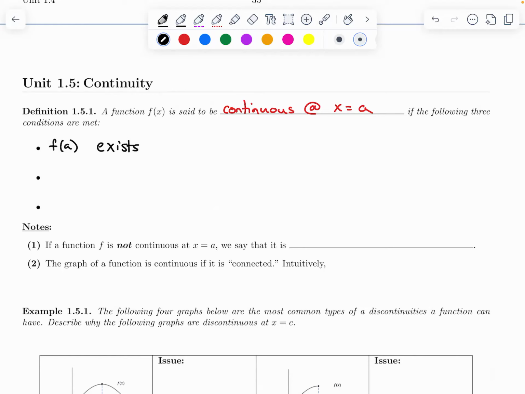The second point is that the limit as x approaches a of f of x also exists. But that is not sufficient for continuity. The third and most important one is that the limit as x approaches a of f of x equals f of a.